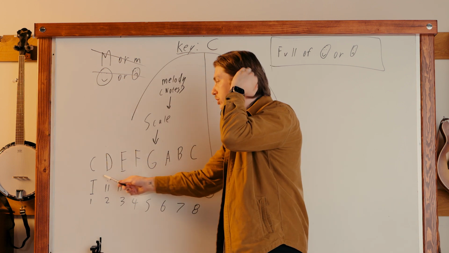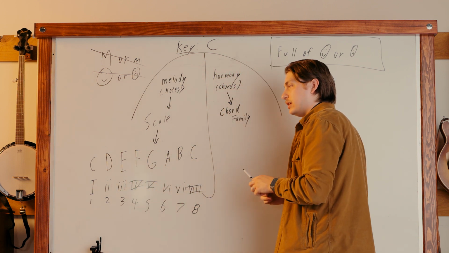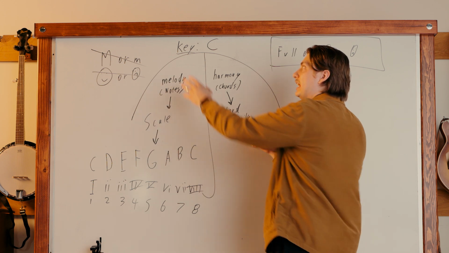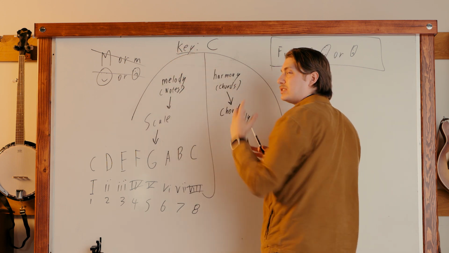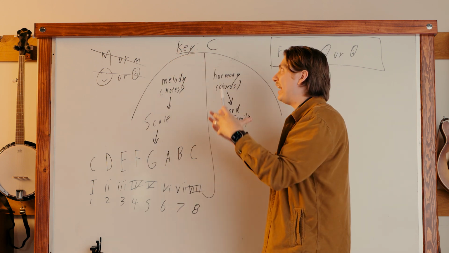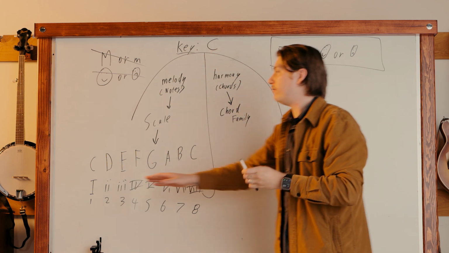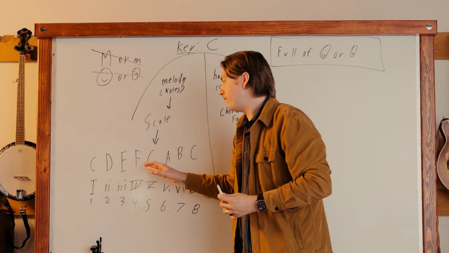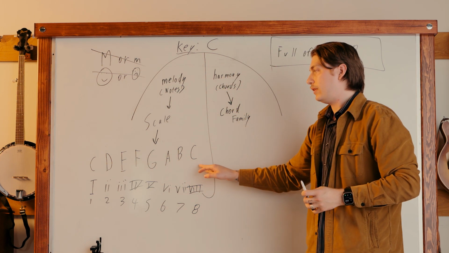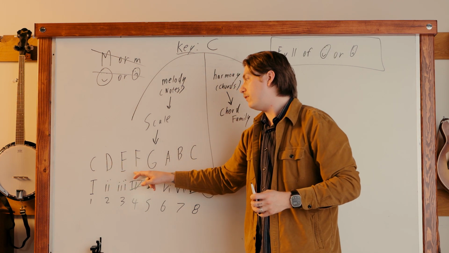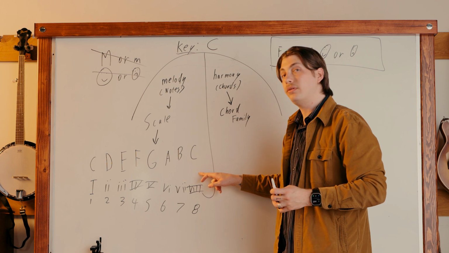This is 1, 2, 3, 4, 5, 6, 7, 8. In the key, the group of notes that sounds good together, the main note is C, okay? So we have C, D, E, F, G, A, B, C. That's do, re, mi, fa, sol, la, ti, do.